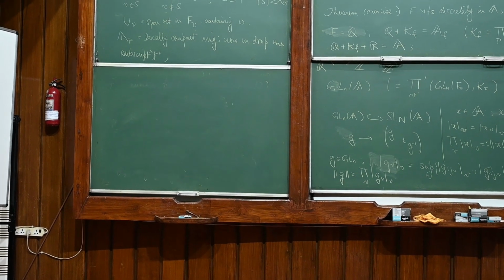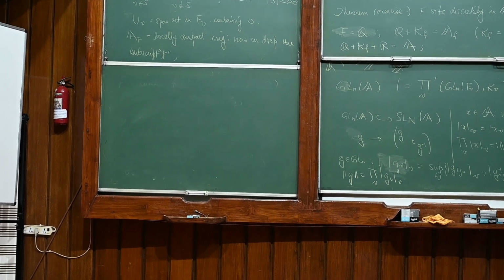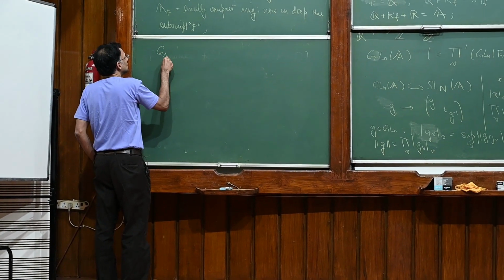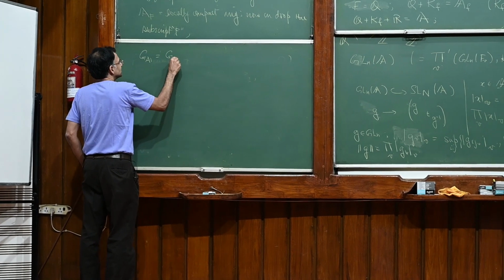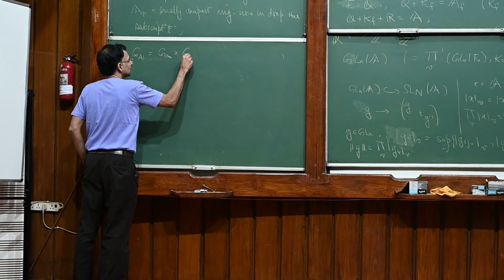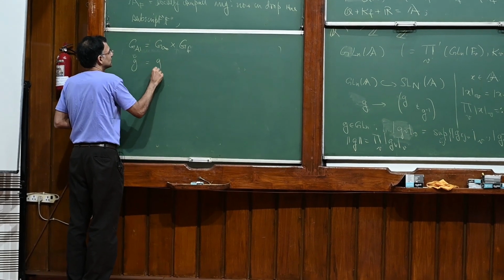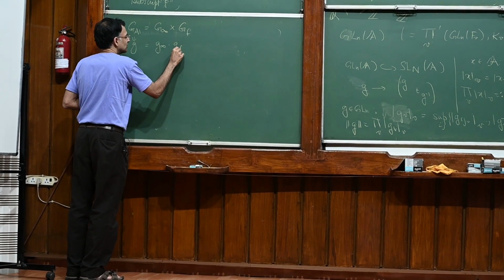Alright, since I have GA, I've written it as a product like this. So G is in here, I'll write it as some product G infinity times GF.